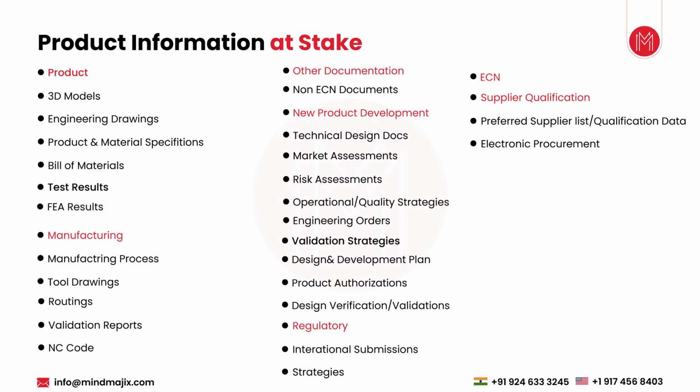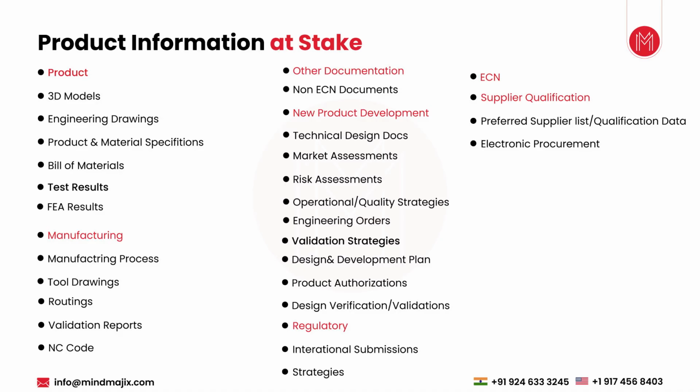Also, whenever a product comes under regulation, and there are regulations for each and every sector, that regulatory information also needs to be managed in order to be compliant with the process. Whether it is WEEE or RoHS or whatever compliance procedure we follow, we should strictly maintain those documents in order to launch the product.